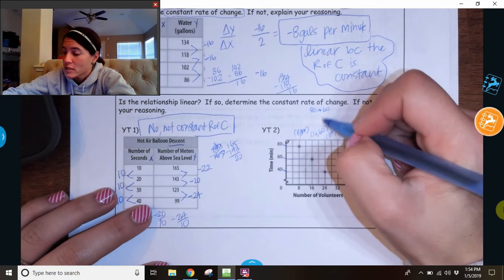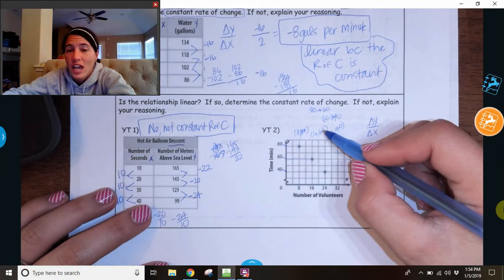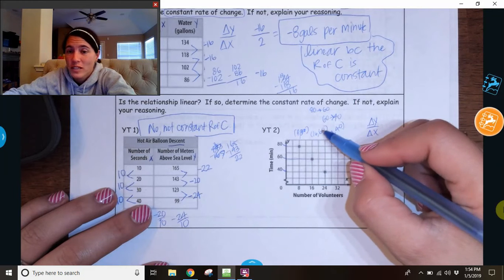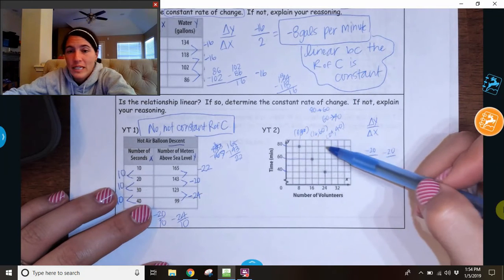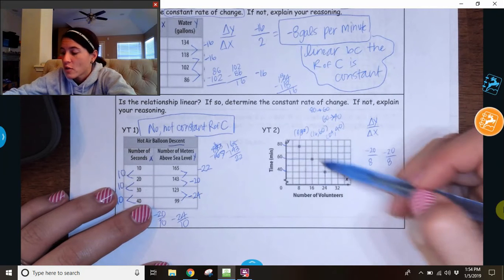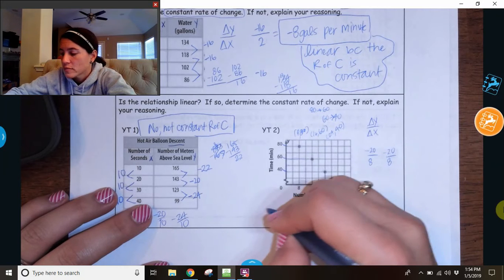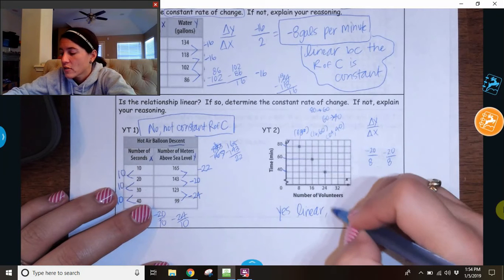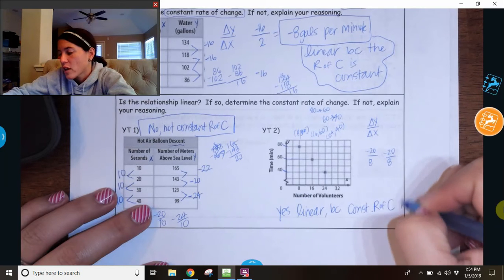From 60 to 40, the y's went down 20, but the x values from 16 to 24 went up 8. So it looks like this is linear. Yes, linear, because there's a constant rate of change.